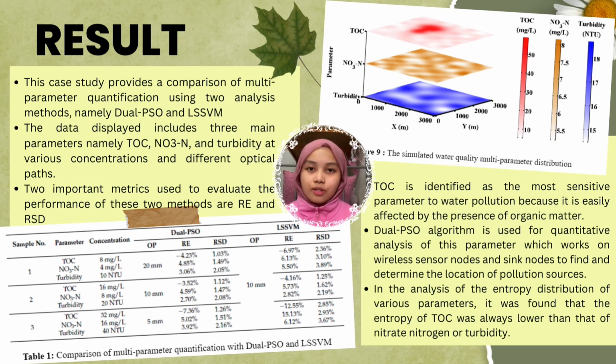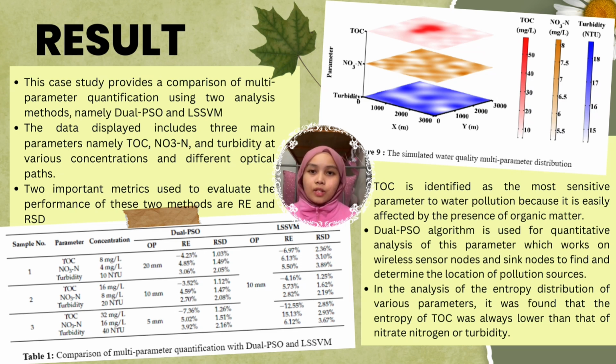Okay, figure 9 shows the distribution of various simulated water quality parameters, including TOC, NO3-N, and turbidity. TOC is identified as the most sensitive parameter to water pollution because it is easily affected by the presence of organic matter. The dual PSO algorithm is used for quantitative analysis of these parameters, which works on wireless sensor nodes and sink nodes to find and determine the location of pollution sources.